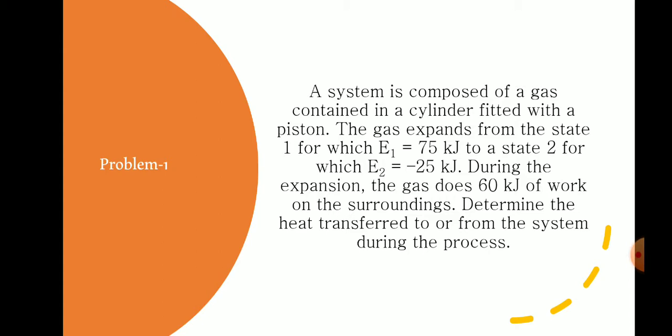Therefore the 60 kilojoules has a minus sign, which is the very important thing we have to point out for the problem. Then the determined value can be either positive or negative, and based on that sign we can conclude the result.